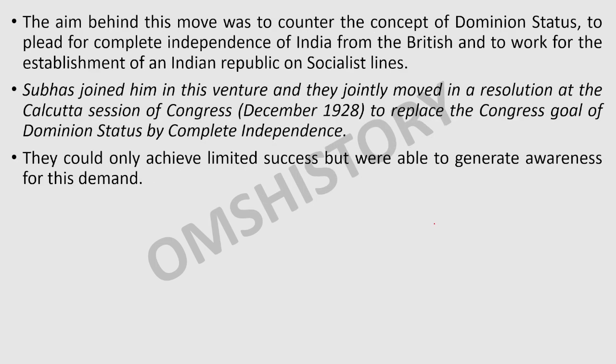Like I have mentioned, the aim behind this move was to counter the concept of dominion status, to plead for complete independence of India from the British, and to work for the establishment of an Indian republic on socialist lines. Subhash Chandra Bose joined him and they jointly moved a resolution at the Calcutta session of Congress in December 1928 to replace the Congress goal of dominion status by complete independence, but they were not very successful.